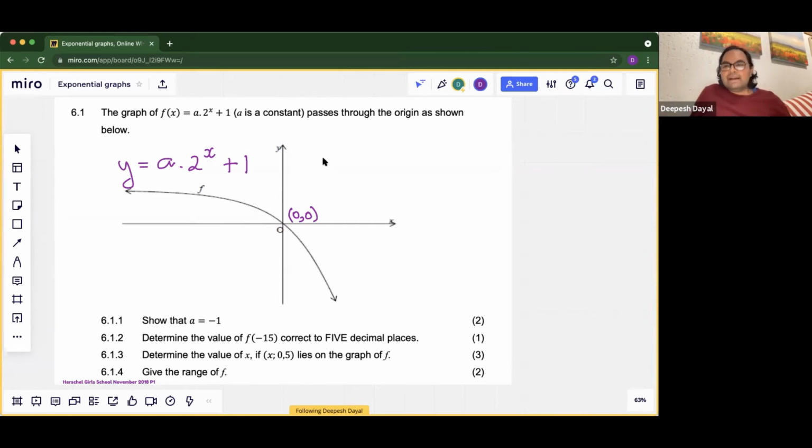Just show me a thumbs up or say you found it once you find that a is equal to -1. So I know who's got the answer, right? Please let me know. I'm going to give you 2 minutes to try it, that a equals -1. Just let me know once you have an answer.